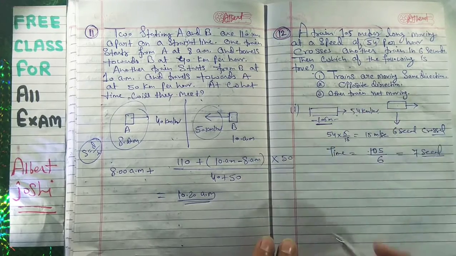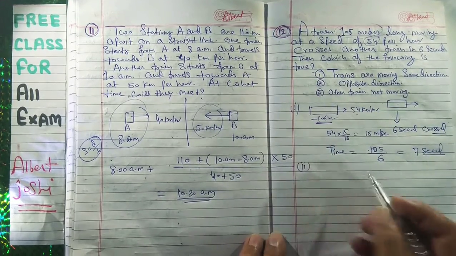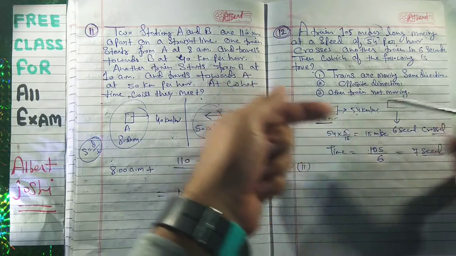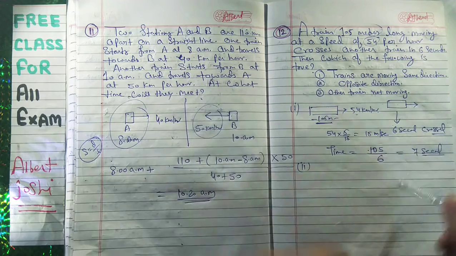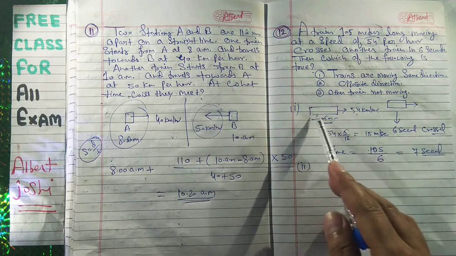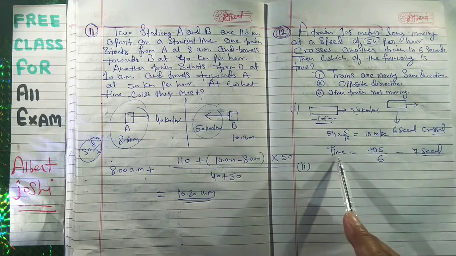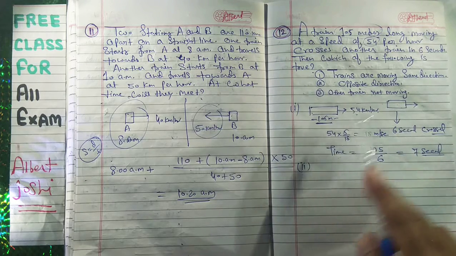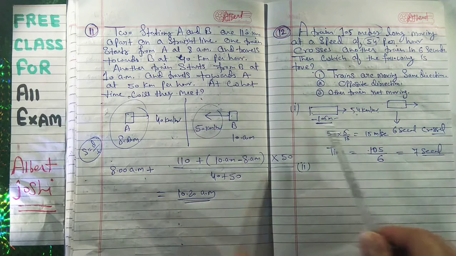Now the question number second: if they are in the opposite direction. Whenever two trains are in opposite directions, you add the speeds of both trains, and this is the faster one.